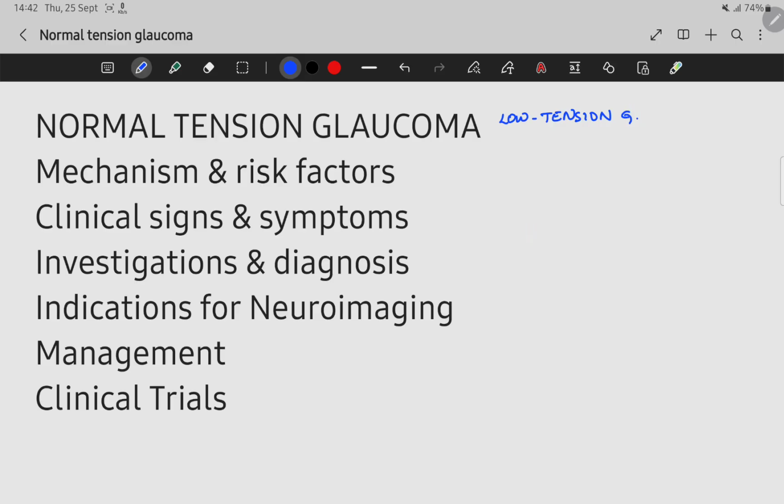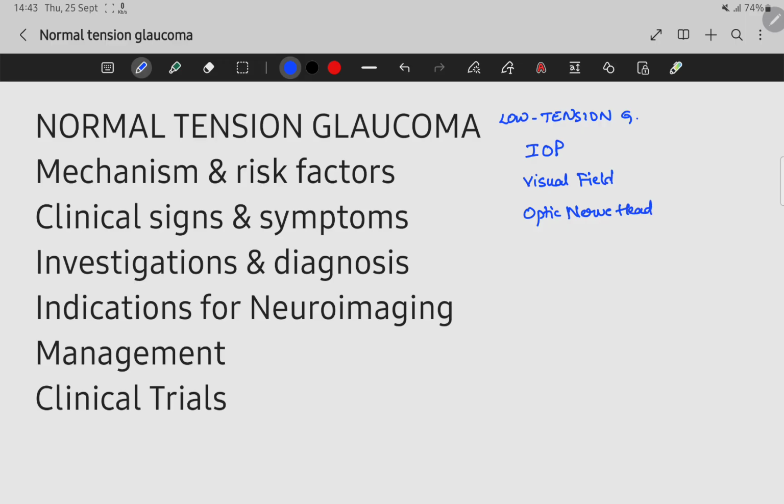So what are the clinical features? What is the triad of this? In glaucoma we have IOP changes, visual field changes, and optic nerve head changes, right? So that is the triad of glaucoma.